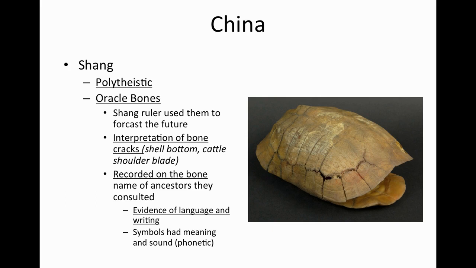It was also a way to record information on turtle shells, right? So it's more evidence of language, religion, and writing. So oracle bones were, I wouldn't call it religious, but more of a spiritual custom, right? To forecast the future. The cracks on the bone would help the shaman or the priest understand what was going to happen down the road.